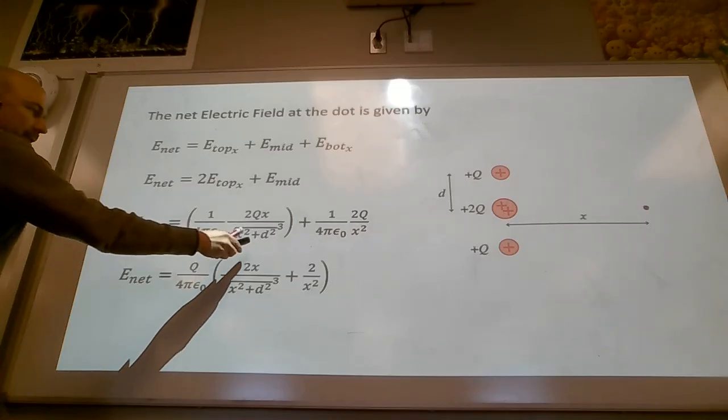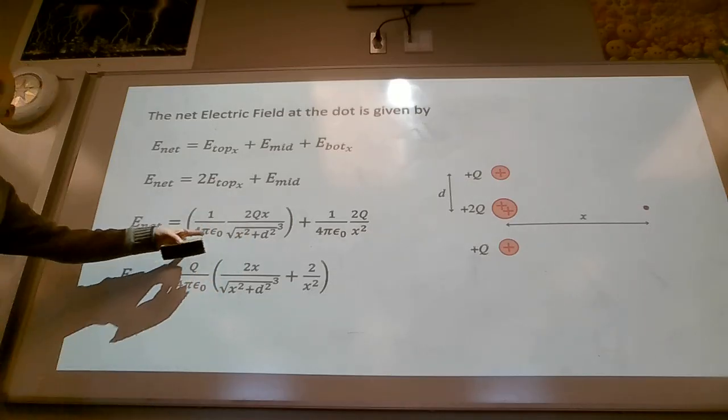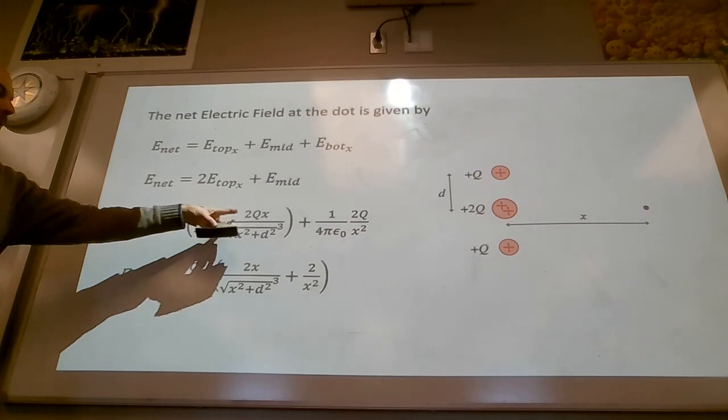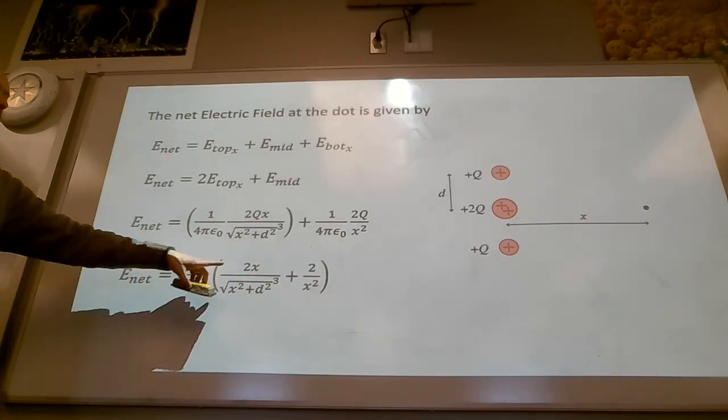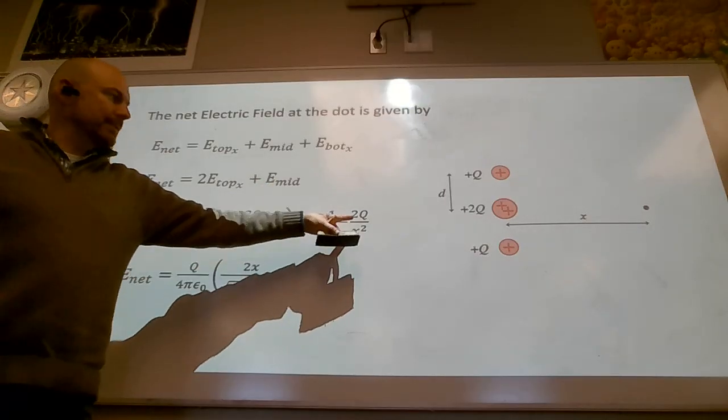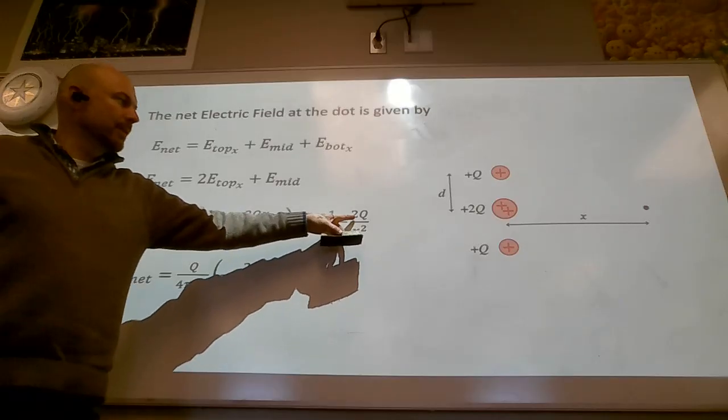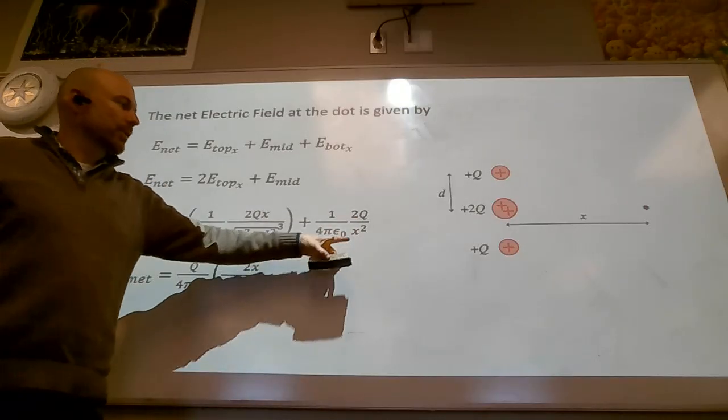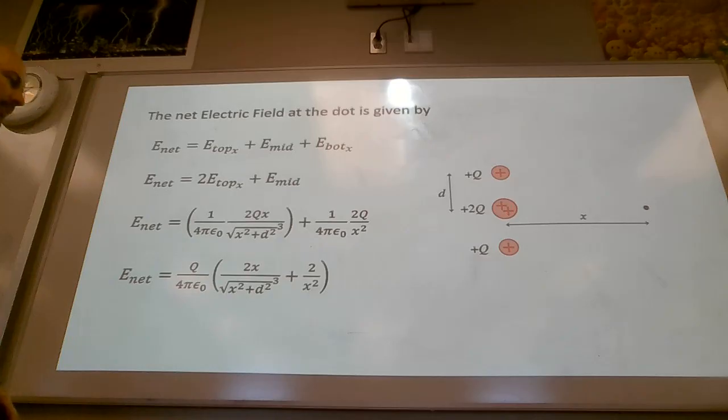So here's our expression for what we just developed. It's times 2 because there's 2 of them. And then from this one, this is easy. This is just twice the charge divided by x squared. So we go to that. That is not something to memorize. Don't memorize that. Okay.